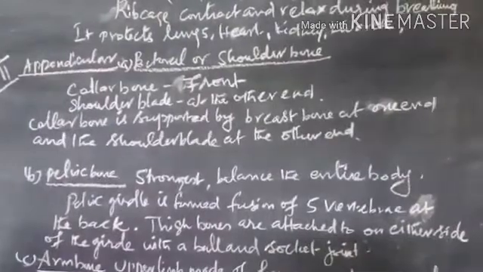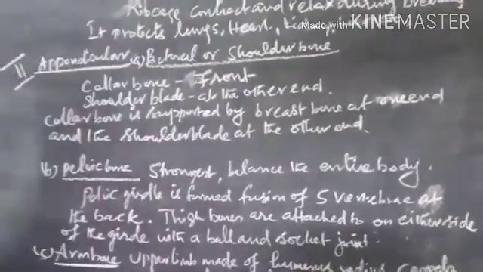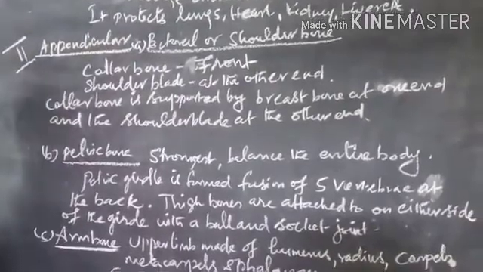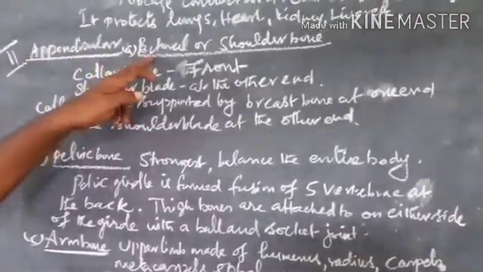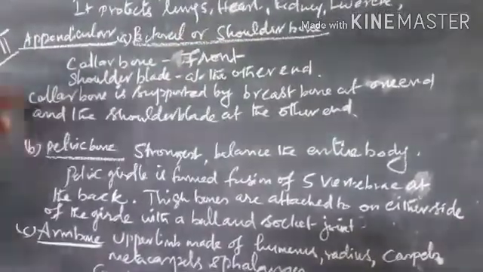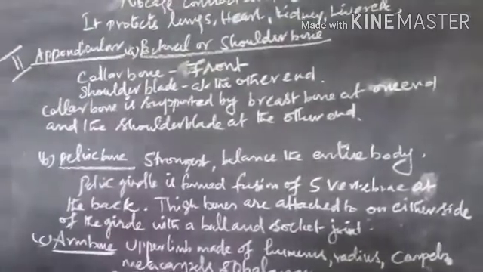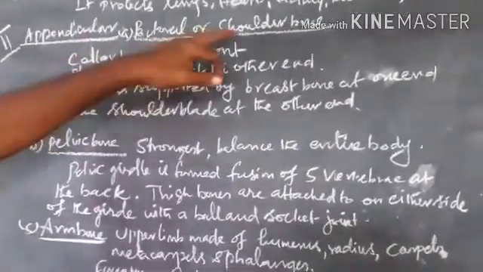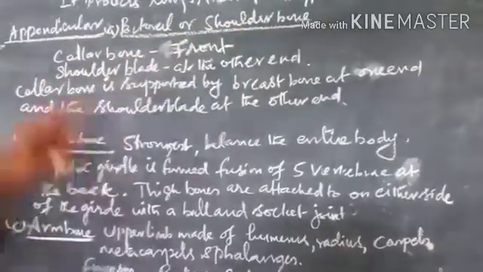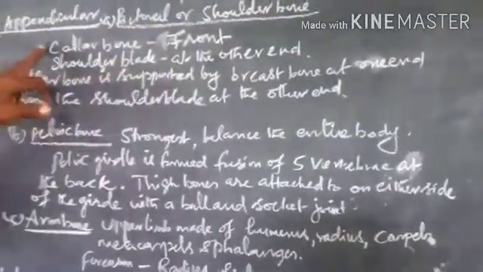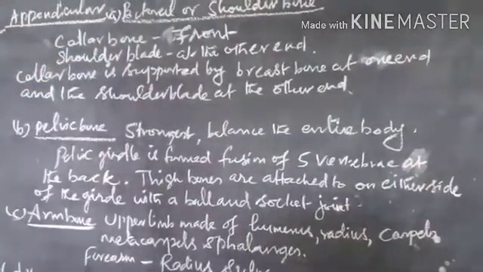Then next one is the appendicular skeleton. The appendicular skeleton is attached to the axial skeleton. Understand? It is divided into the pectoral girdle and pelvic girdle. The pectoral girdle comprises the shoulder bone, which in turn has the collar bone at the front and the shoulder blade at the other end.